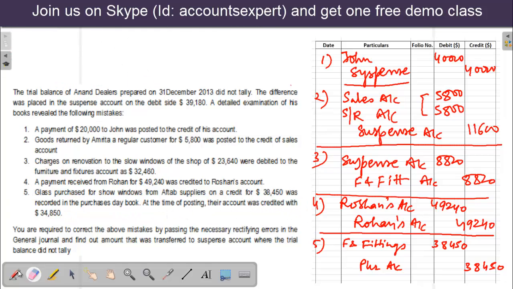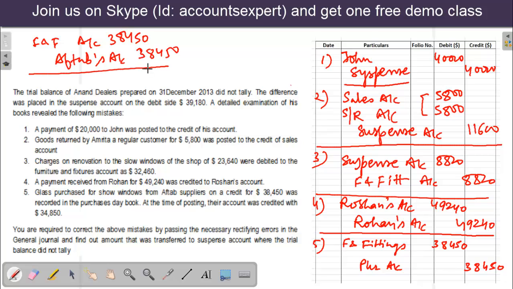First we will see this. The correct entry is: furniture and fittings account should be debited with 38,450, and Aftab's account should be credited 38,450. This is the correct entry.